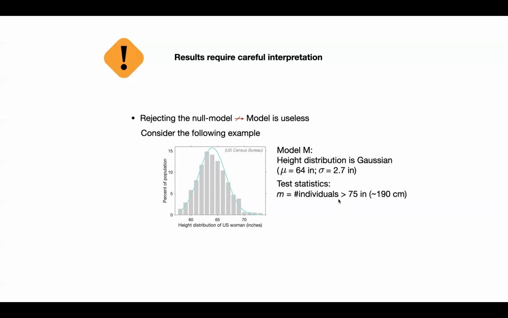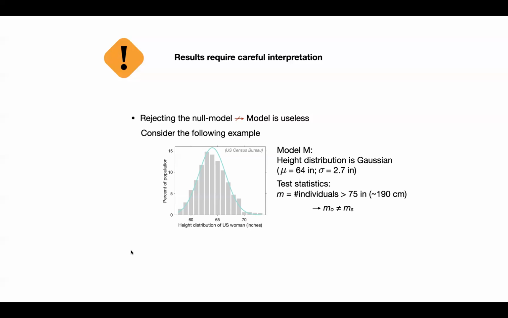Then, if you use a test statistic, small m, that is the number of individuals taller than 75 inches, you would find that M0 is different from MS, because with this null model, it's almost impossible to get individuals that are taller than that.